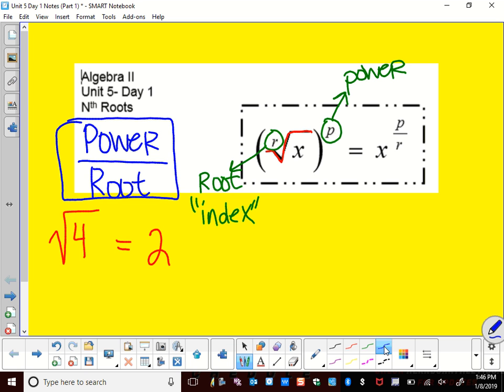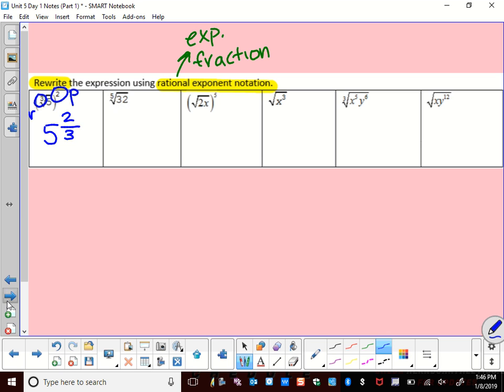It is understood that my power is 1, right? 4 to the first power, so 4, right? And it's understood that my root is 2. Okay, Isaac knew it was a square root without me having that 2 there. Okay, so that is what we are doing here. It is understood that I have a power of 1, even when nothing is there.